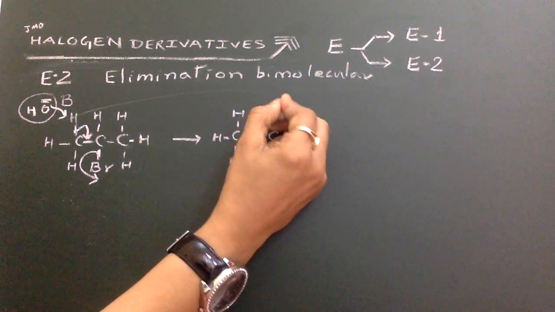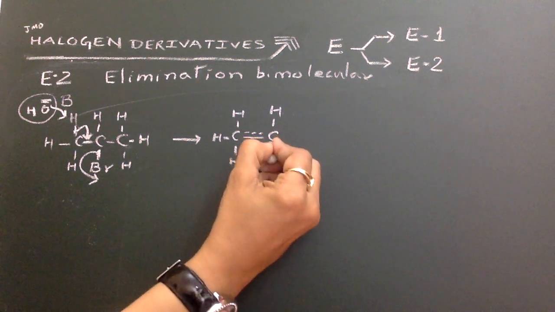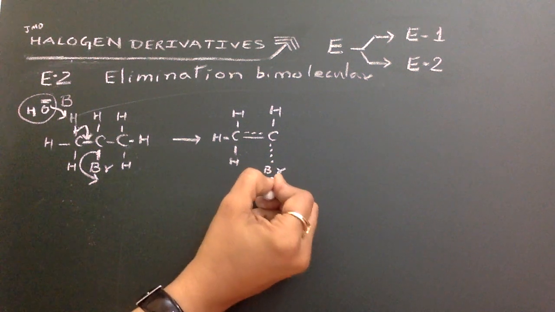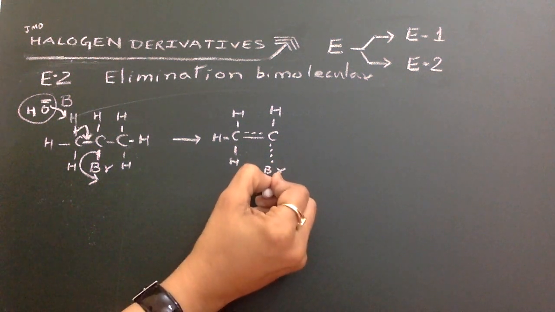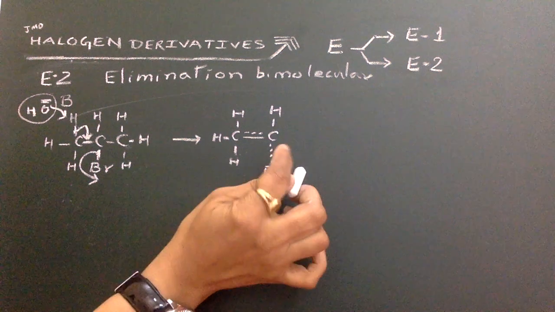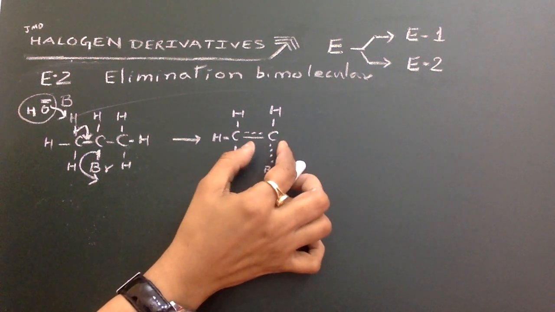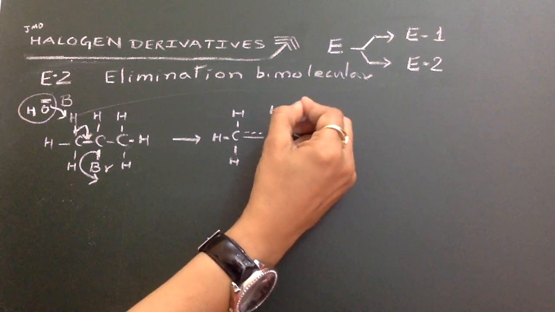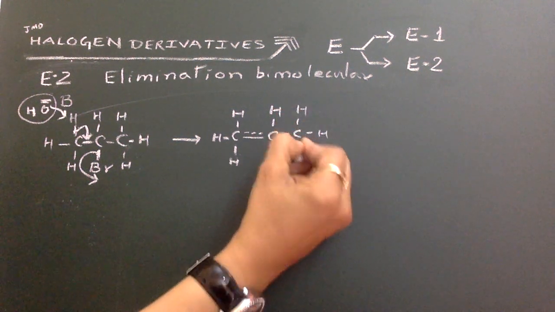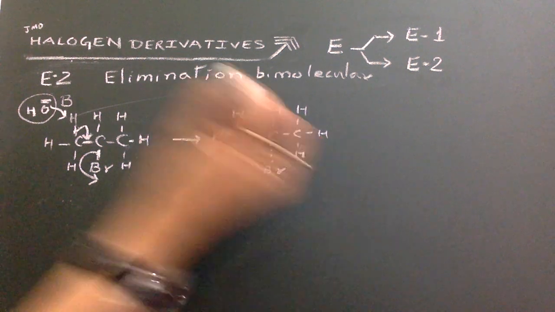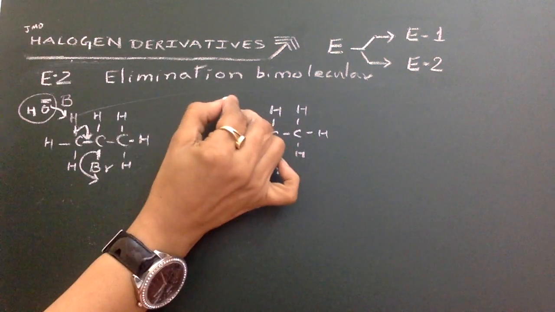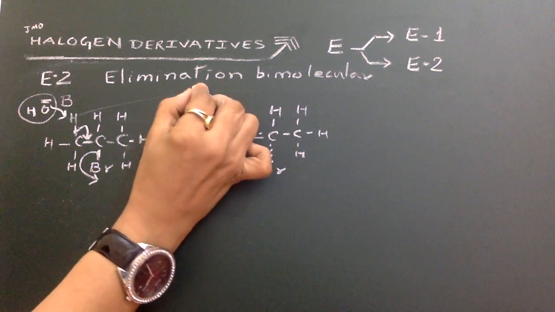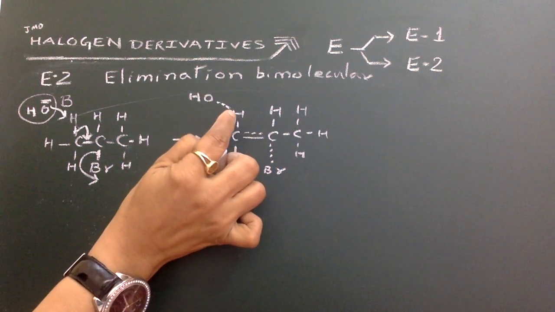I have not broken or formed any bond yet. The C-Br bond is in the process of breaking, the bond strength is reducing, so it is a broken line, and nothing happens on the next carbon, so I wrote all the H. Here also there is bonding taking place with the nucleophile.